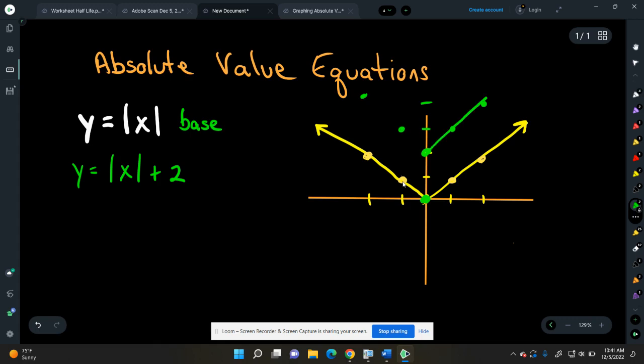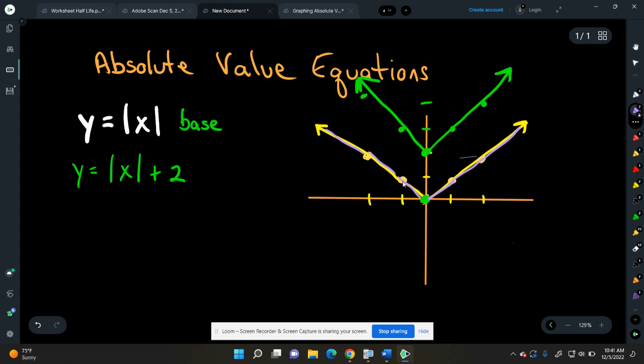So the equation will look like this. Notice it is still a V. Also notice that each side basically has a slope of 1. Up 1 over 1, up 1 over 1. It has a slope of 1. The other side has a slope of -1.